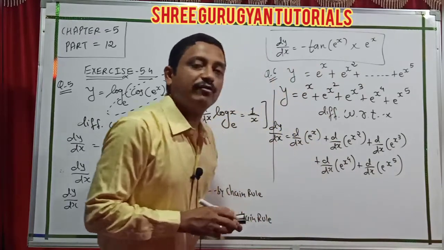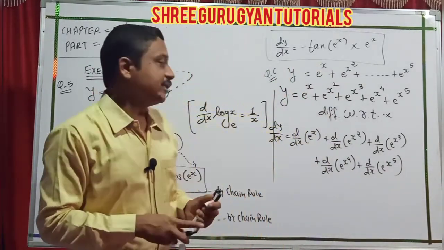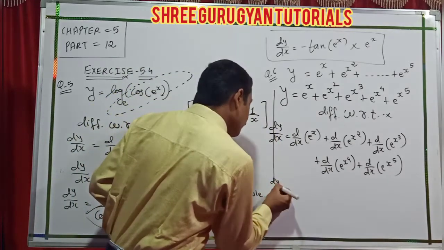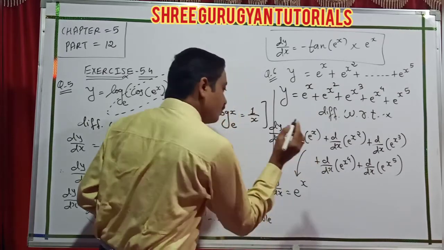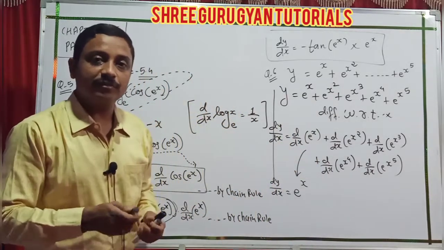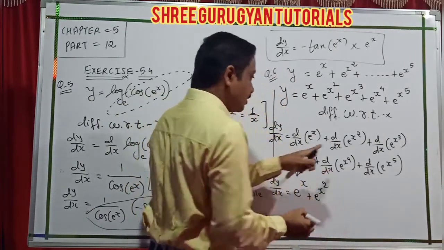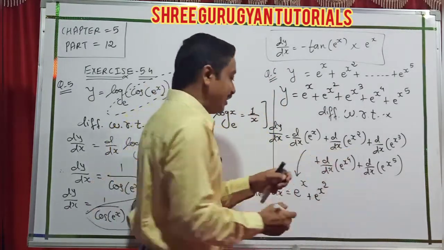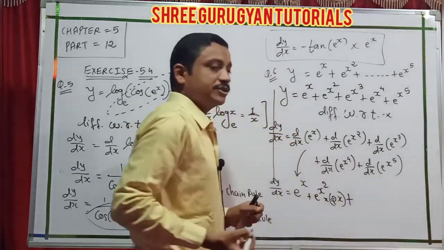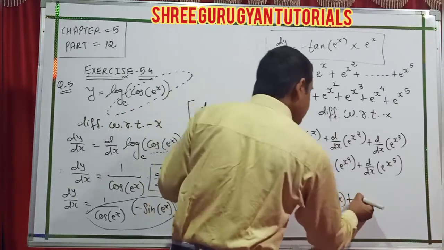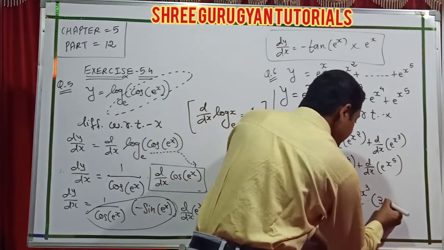Students, I take their derivatives one by one. Now what is the e raised to x derivative? Yes, it is e raised to x. Then similarly, for e raised to x square, the derivative is e raised to x square, but the x square derivative is pending, it is 2x. Same for e raised to x cube, but the x cube derivative is pending, it is 3x square.